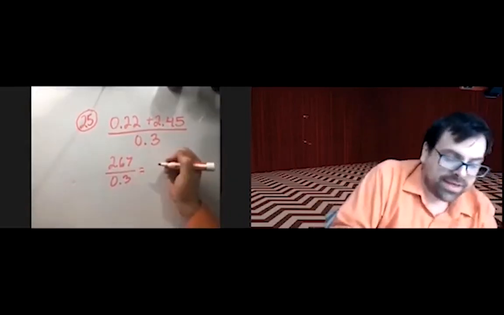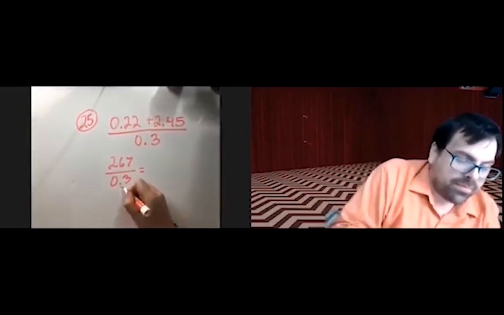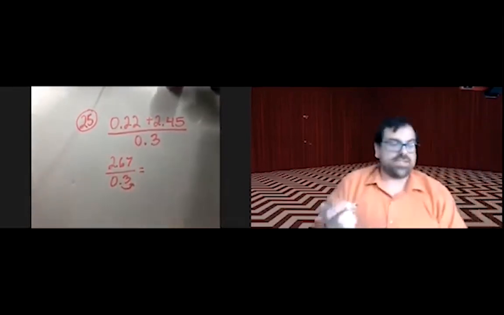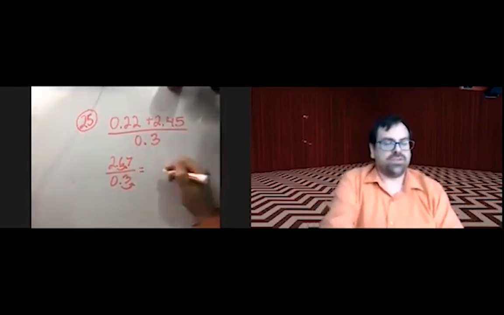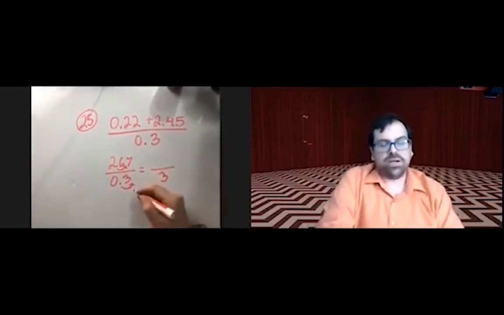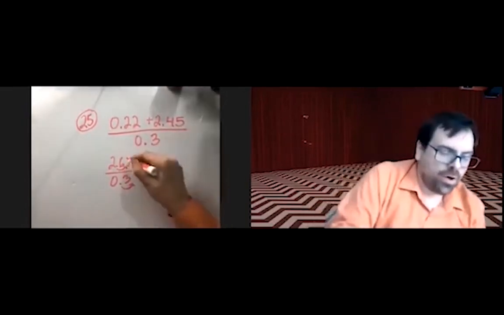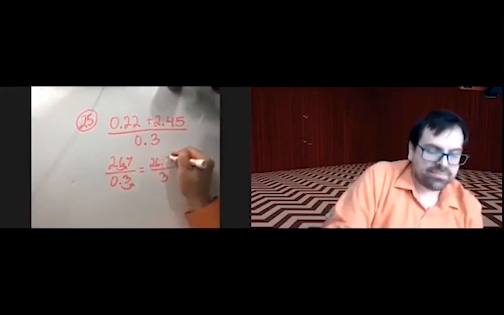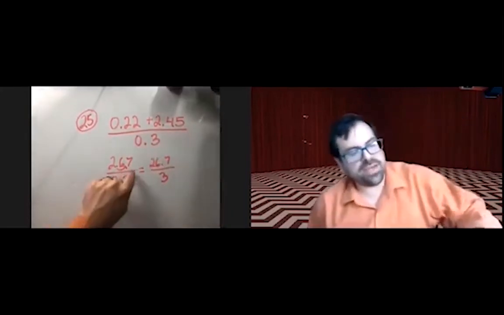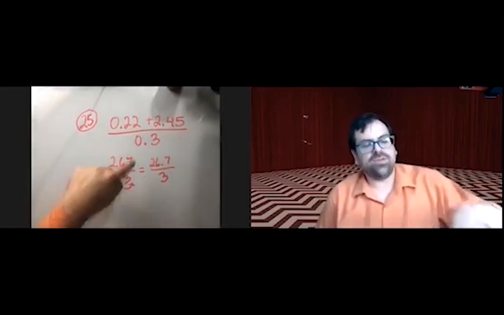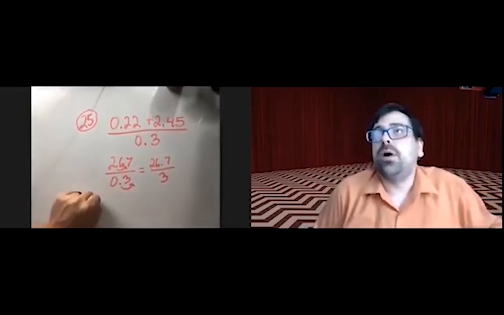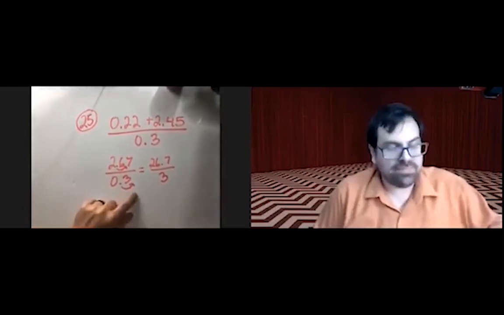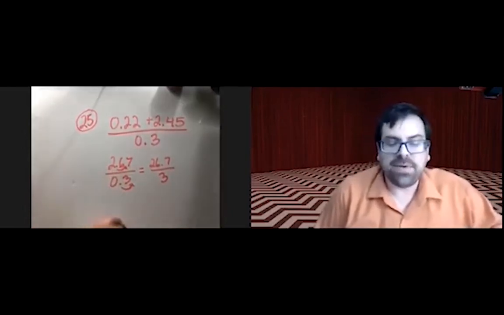When we see something like this, the bottom number is the same as the outside number. So we have to turn the bottom number into a whole number. Whatever we do on bottom, we do on the top. 1 space, 26.7. So again, we don't go 2 spaces on top just because that turns it into a whole number. Top doesn't have to be a whole number. Bottom does. 1 space for that has to match 1 space on top.